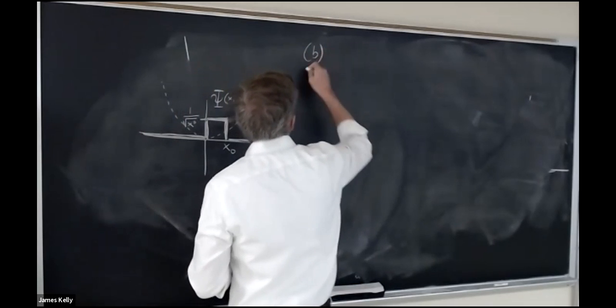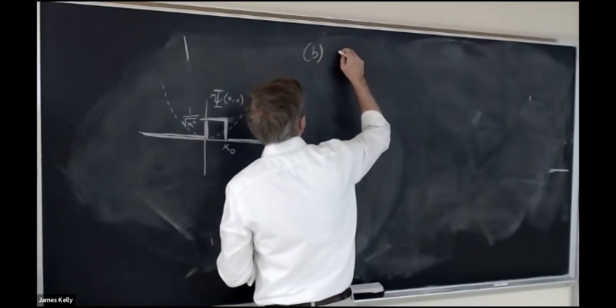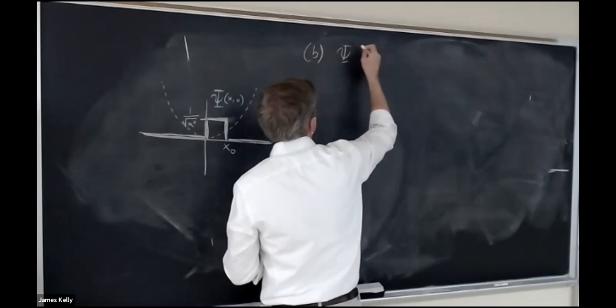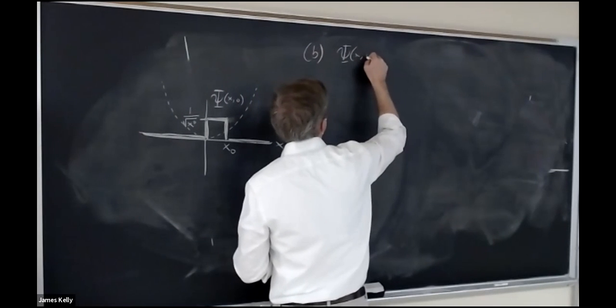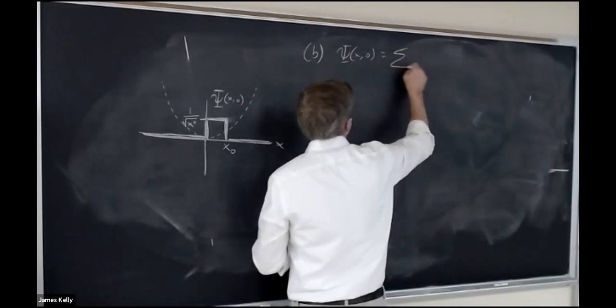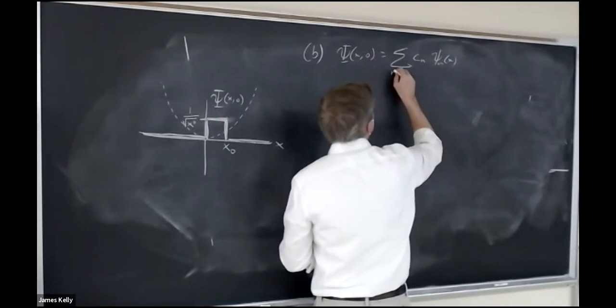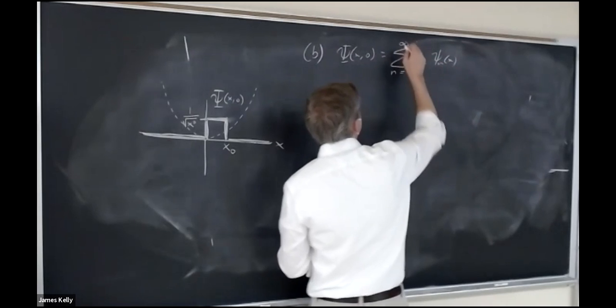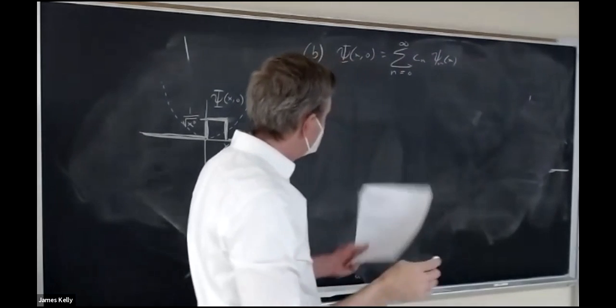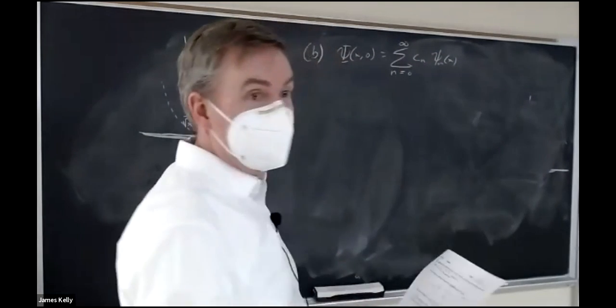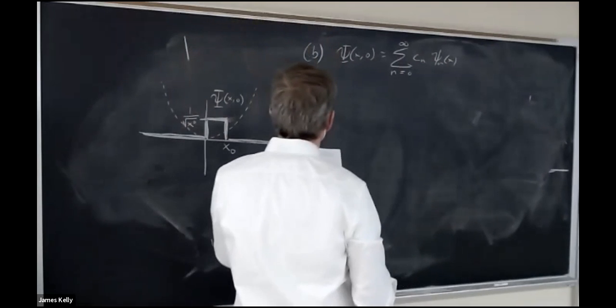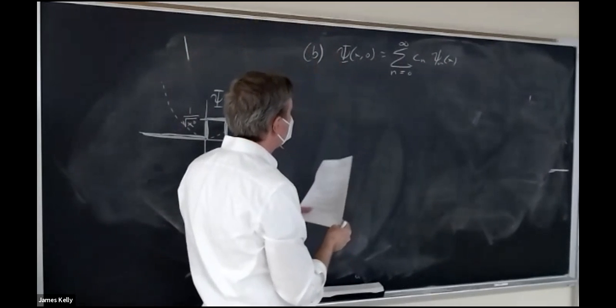B should correctly say, let's write this particular psi as a function of x at time t equals 0 as a linear combination of the psi n of x's. The sum has to go from 0 to infinity. We can't leave out the 0th one or it's not a complete basis set of functions for our infinite dimensional vector space.